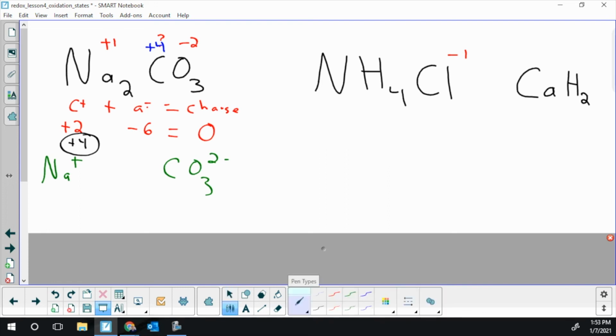We've got hydrogen in a compound. Well, that's always +1. We're left with nitrogen, as there's no rule to figure out nitrogen. It varies. We are going to have to do the cation plus anion equals the charge. And for any ionic compound, the whole thing is 0.